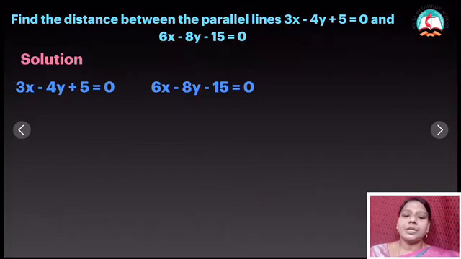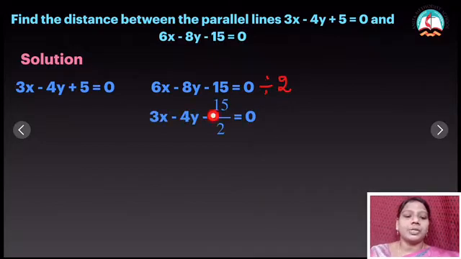That means here I should have 3x and 4y. So for that what can I do? I just divide this by 2. So if I am dividing it by 2, then I will get 3x minus 4y minus 15 divided by 2. Just look at 3x minus 4y. There is a change only in the constant. Then only we can say that the lines are parallel.